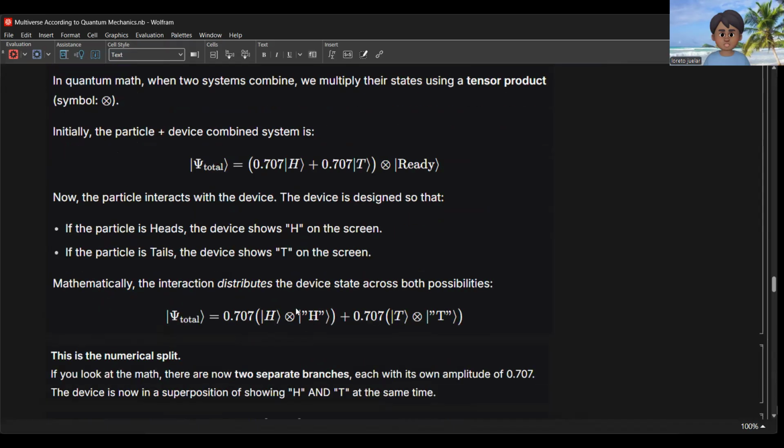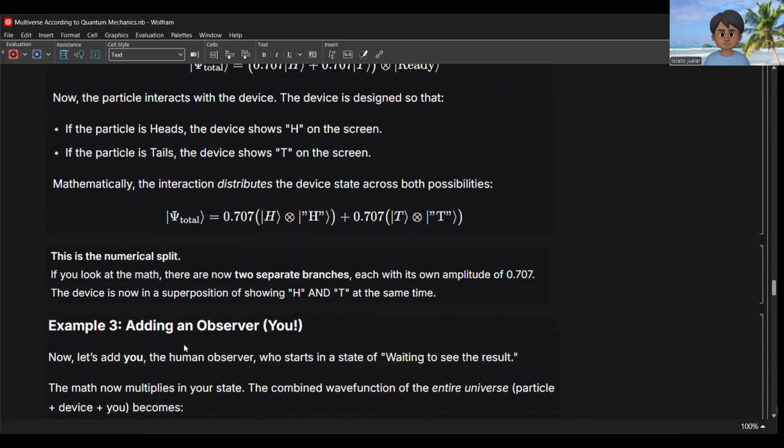So mathematically, the interaction distributes the device state across both probabilities. So we have the total system here: 0.707 heads, tensor product with the device showing H, plus 0.707 tails, tensor product with the device showing T. So this is the numerical split.